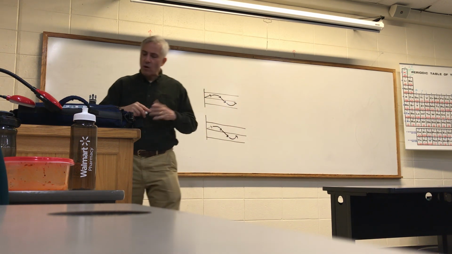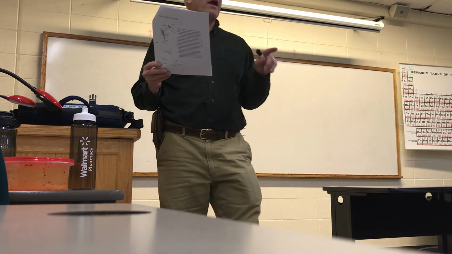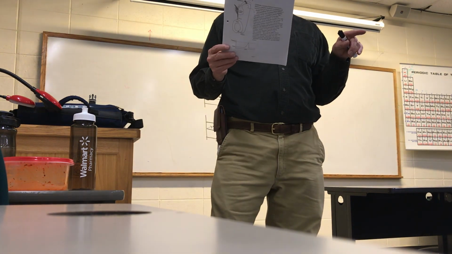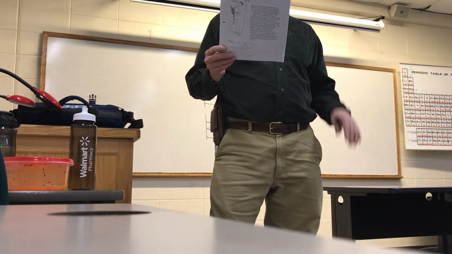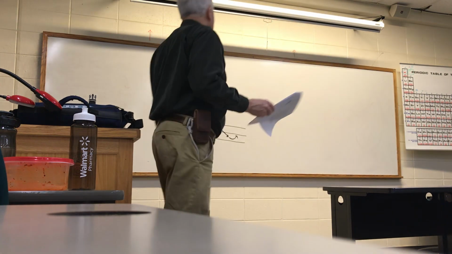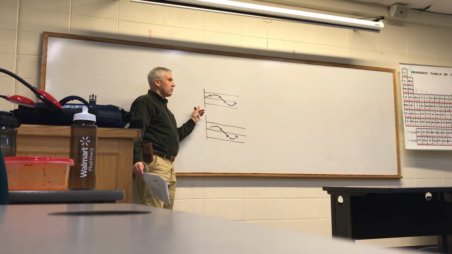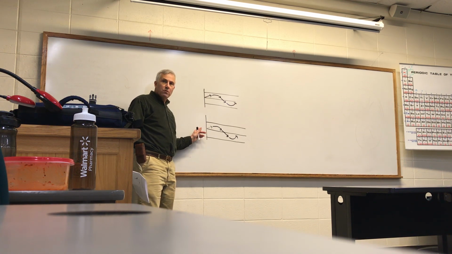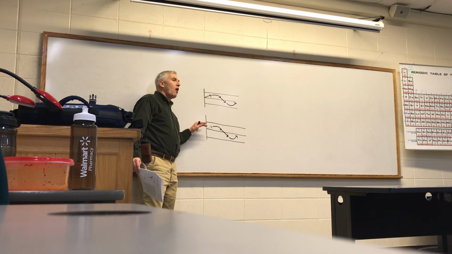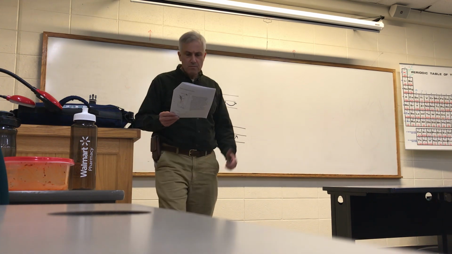This is an interesting negative feedback system, because the goal is adjusting the basal metabolic rate, but the control center doesn't measure the basal metabolic rate. It simply measures the concentration of these hormones, because the hormones are a reflection of the basal metabolic rate.